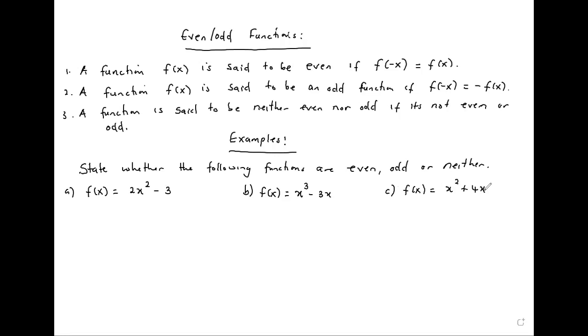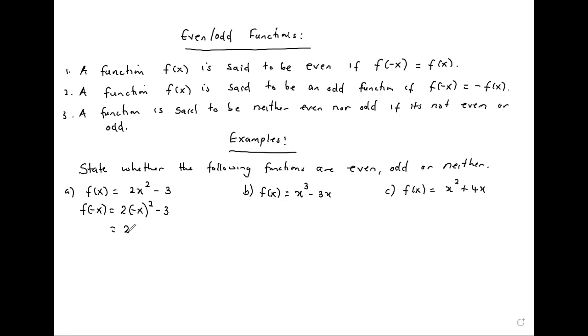So let's check. To check for the first one, our first thing is to write f of negative x. F of negative x means on the right hand side, where there is x, we take negative x, square and subtract the 3. This is going to give us 2x squared minus 3.